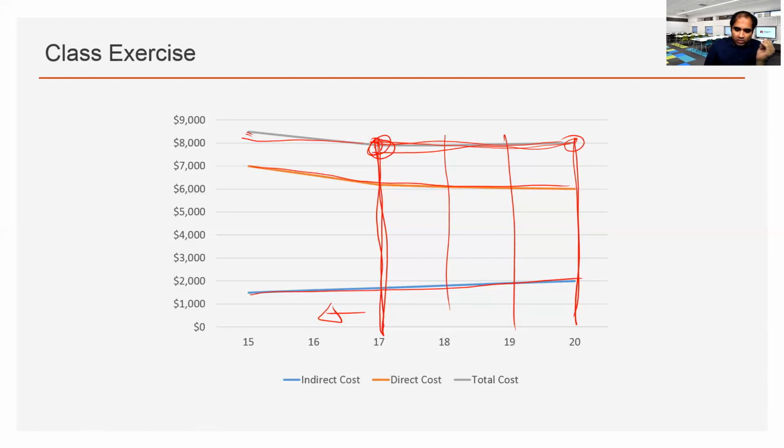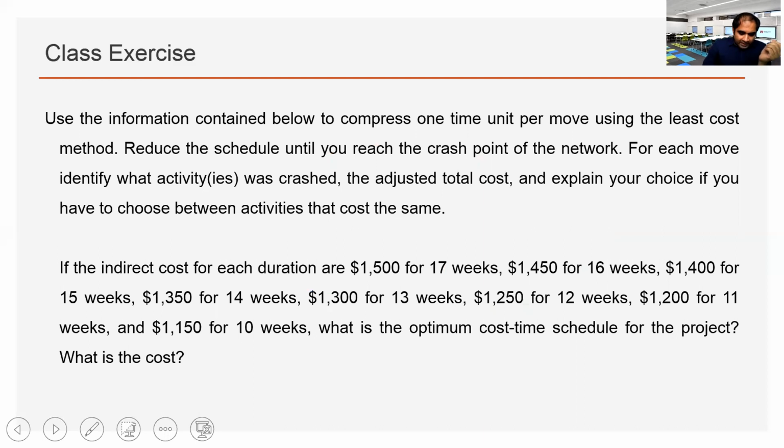If we have all this information, then it's up to the top management to decide how many days they want to crash, and whether the additional money is justified. They can consider all other factors if they have detailed information about the total money involved in crashing the activities. All right, next one.